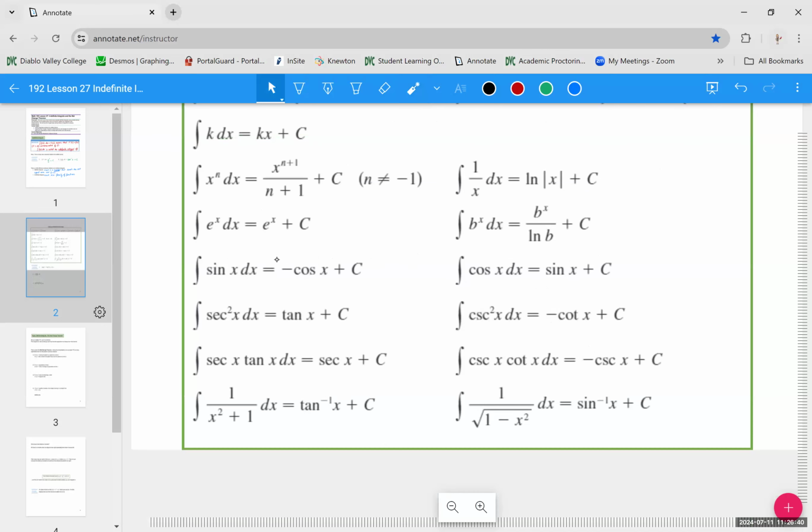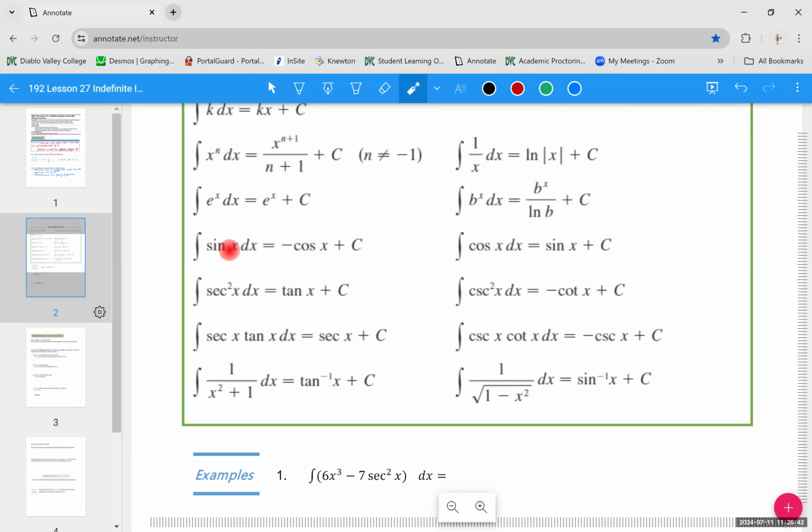You'll see, though, that this table does also include antiderivatives of some trig functions and a couple of the antiderivatives of inverse trig functions, because we do end up using the inverse trig, particularly the inverse tan and the inverse sine. So that's how they ended up in this table.